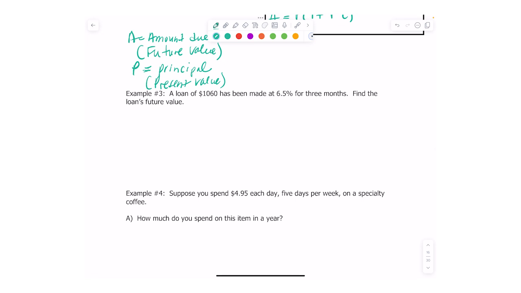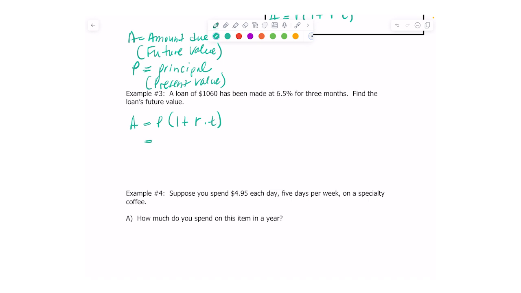A loan of $1,060 has been made at 6.5% for 3 months. Find the loan's future value. So we're looking for future value, so the formula I'm going to use is the future value equals the present value times 1 plus the rate times the time.